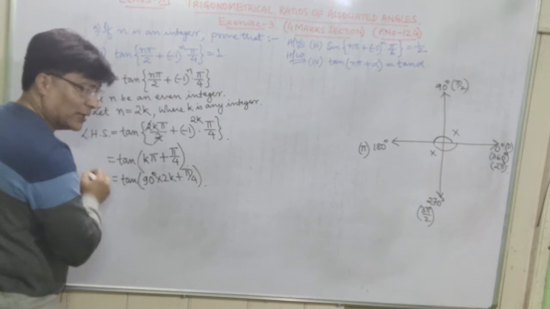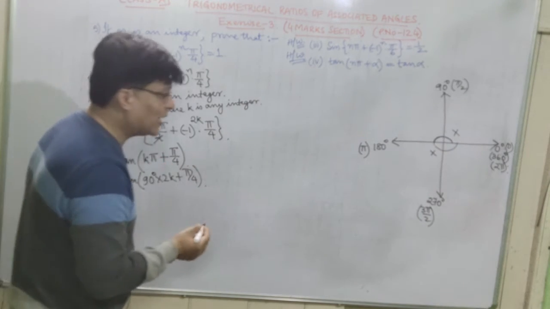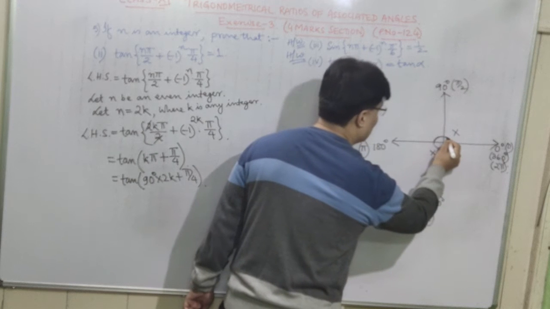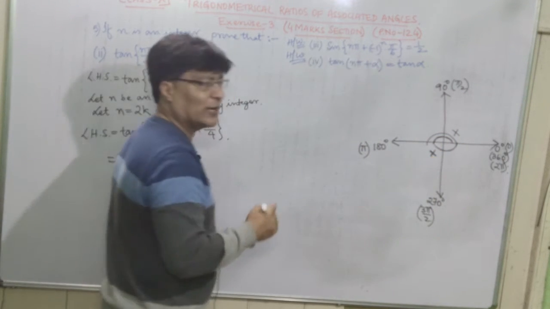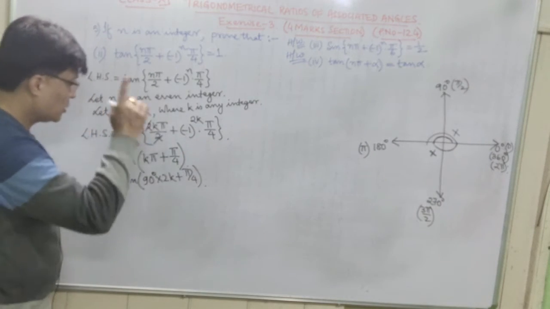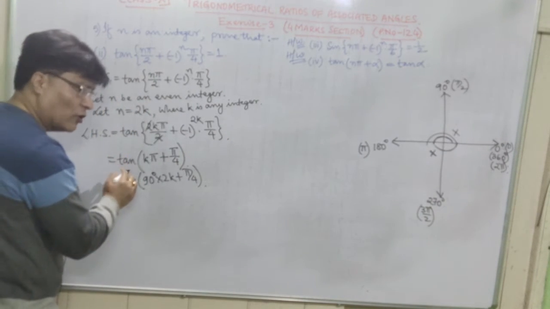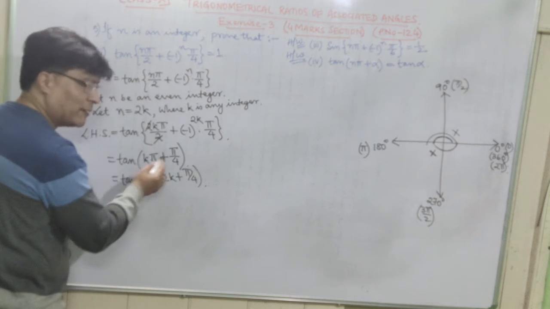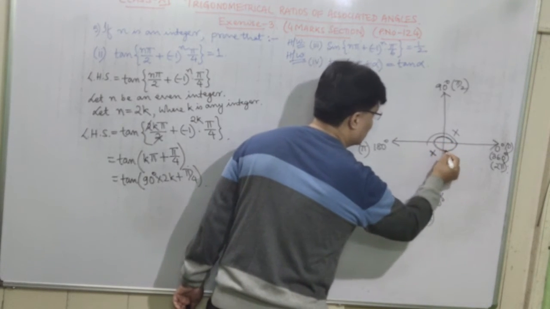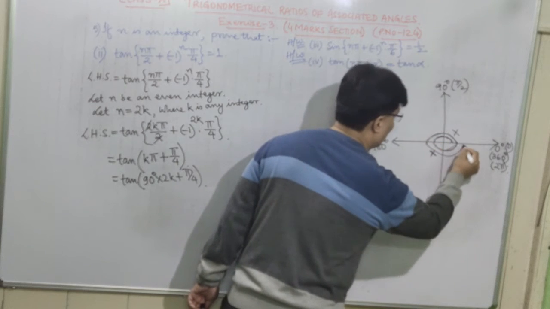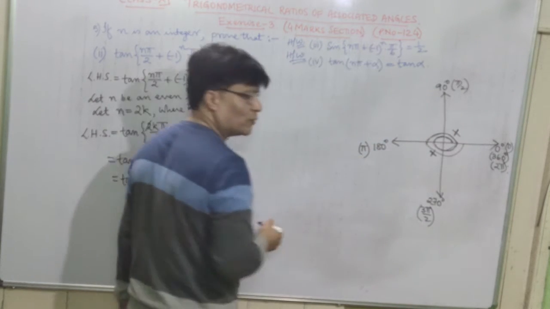So it will be 3 pi plus pi by 4. Where does it lie? 3 pi means 1 pi, 2 pi, 3 pi plus theta also lies in the third quadrant. Suppose if k is equal to 4, it is 4 pi plus pi by 4. What is 4 pi? 1 pi, 2 pi, 3 pi, 4 pi plus pi by 4 lies in the first quadrant.